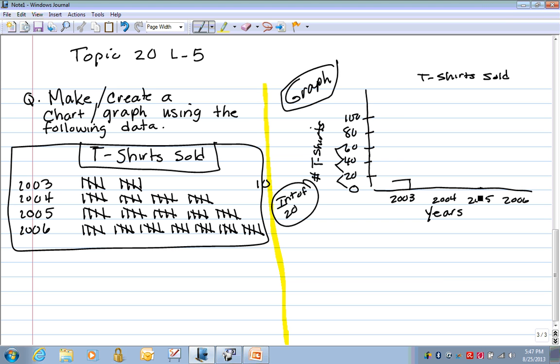For 2004, it's 5, 10, 15, 20. So we will come up to 20. For 2005, it's 5, 10, 15, 20, 25. So we need to go 20. And middle is 30, so 25 is about right here.